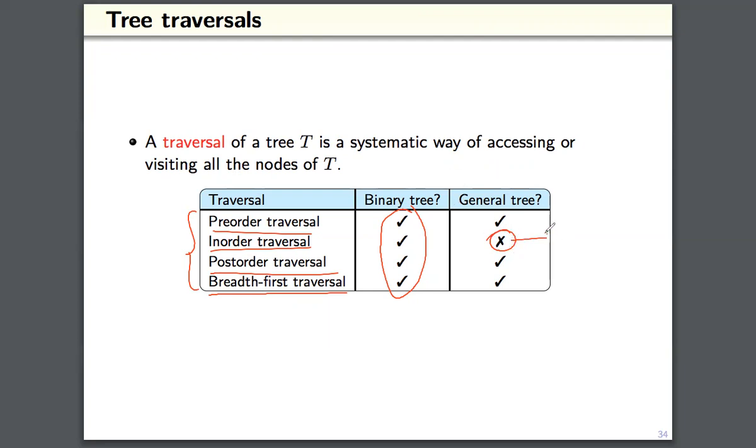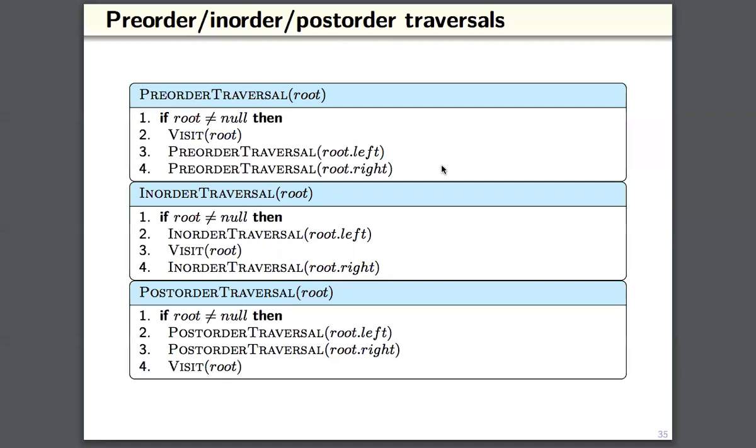Think about why we cannot use in-order traversal for a generic tree. Traversal is just a scan; you want to scan each and every element in that tree or data set.